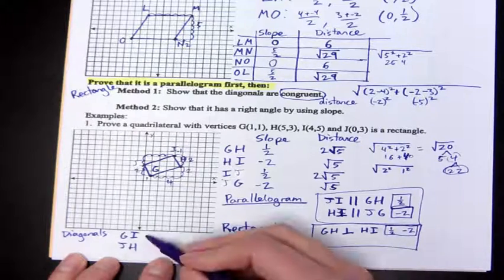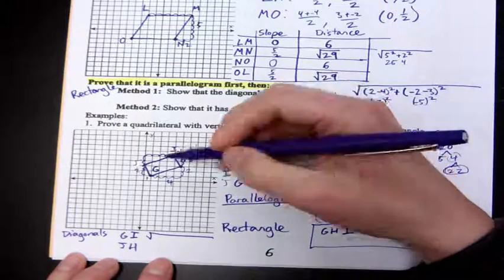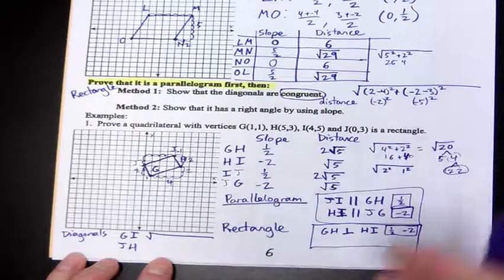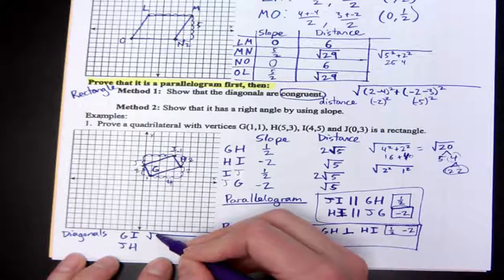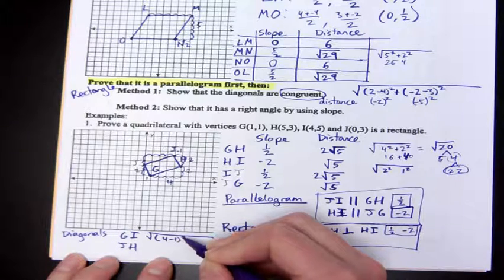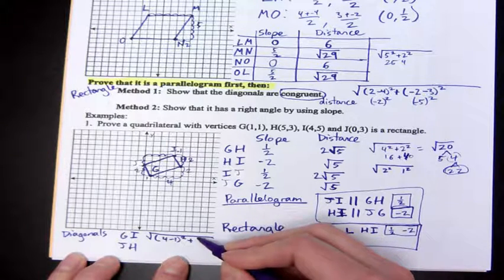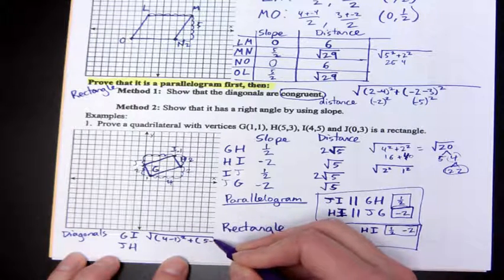JH. And so these ones, we could either plot them out or see if we can count them on there, or we can plug into distance formula. GI, I'm going to choose distance formula. So that would be our 4 minus 1 squared plus 5 minus 1 squared.